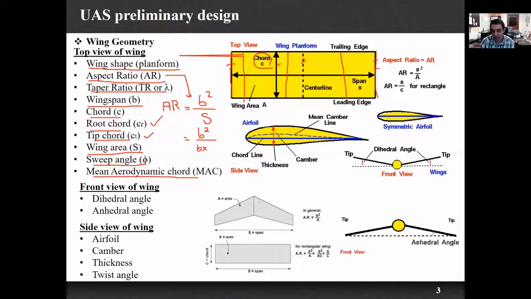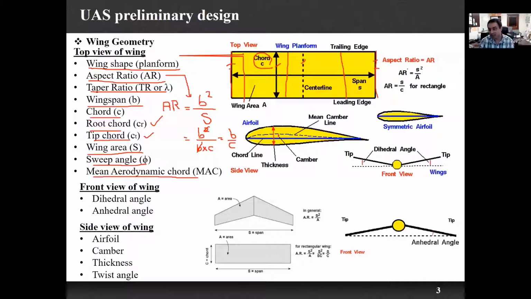So b times c. So now this square cancels b, so this is going to be b over c. So here we can say that for a rectangular wing shape, the aspect ratio is going to be wingspan divided by chord length.